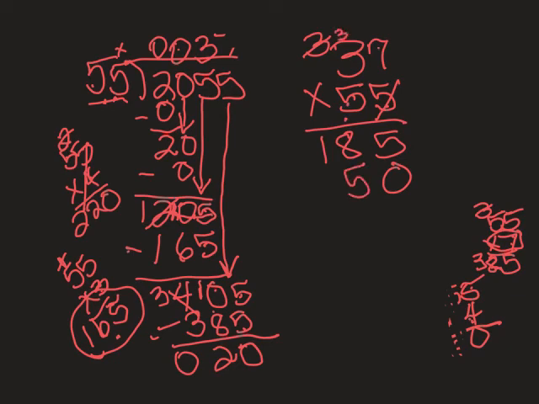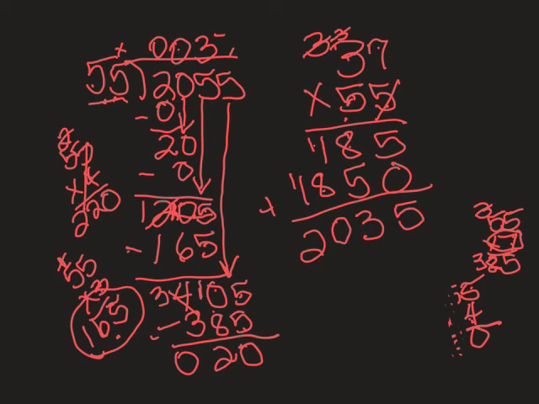Put my 3 at the top. 5 times 3 is 15 plus 3 is 18. Now I add. 5 plus 0 is 5. 8 plus 5 is 13. Carry my 1. 1 plus 8 is 10. And then 1 plus 1 is 2.